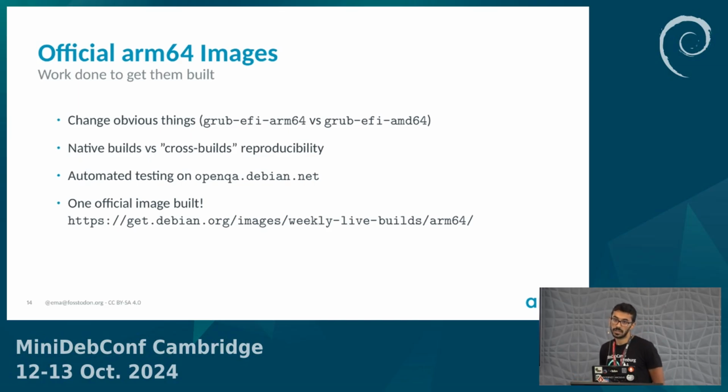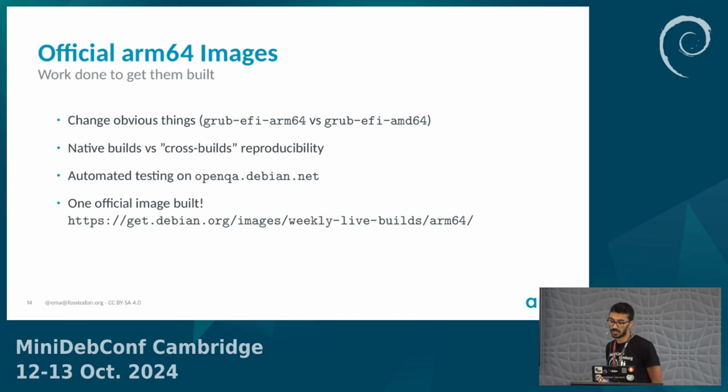And then other than that, we've set up automated testing on openqa.debian.net. So on OpenQA, also with the help of Phil, who is also in Hamburg and helped a lot with this, we ended up setting up one job that builds and tests that ARM64 ISO.